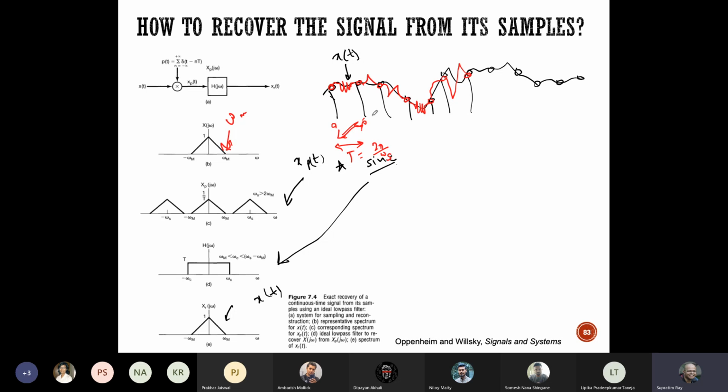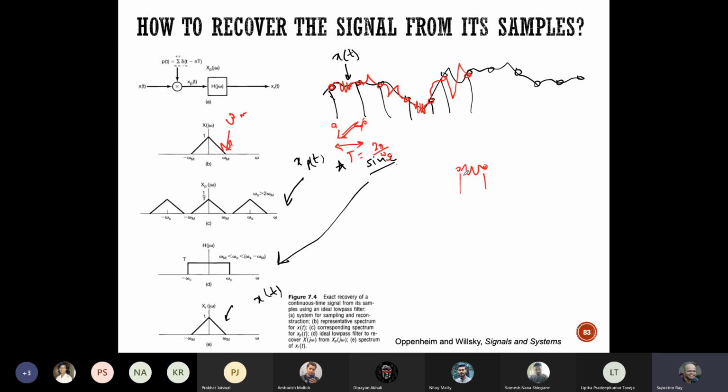So if a signal can have such a fast fluctuation between a time as small as this, then there is no way that its maximum frequency content is only omega m. A signal that is able to move very fast between two samples ought to have a much faster omega.